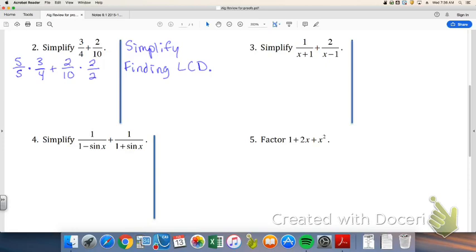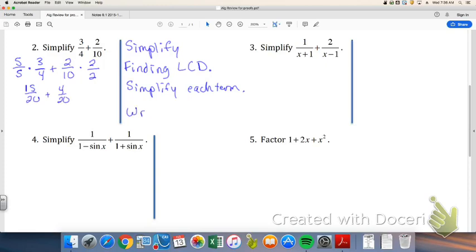Okay. So now we're going to simplify each term. So 5/5 times 3/4 gives us what? 15/20. Plus, what about 2/10 times 2/2? 4/20.